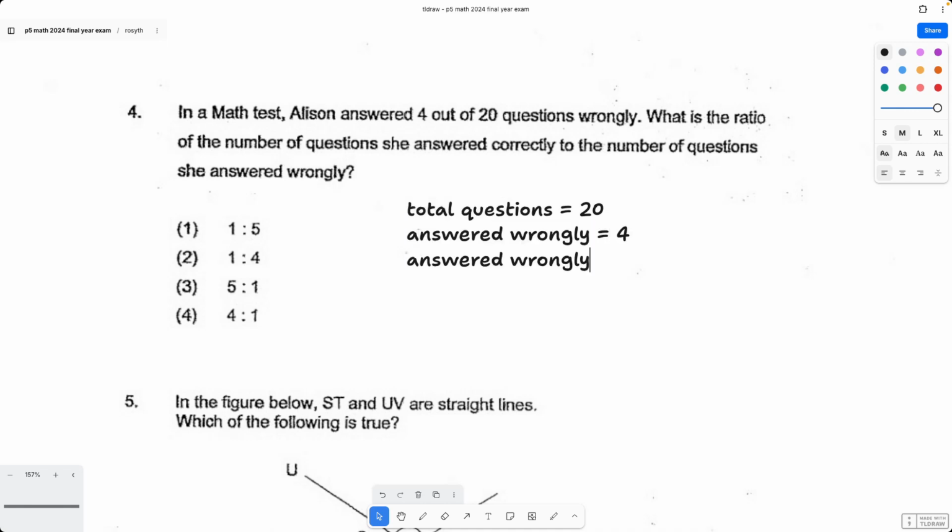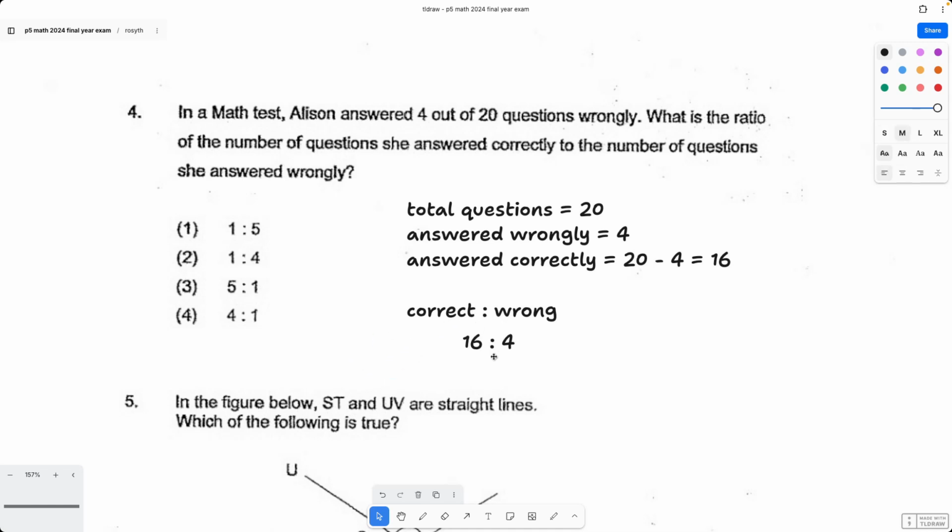Answered correctly is 20 minus 4, which gives us 16. So the ratio of correct to wrong is 16 to 4.